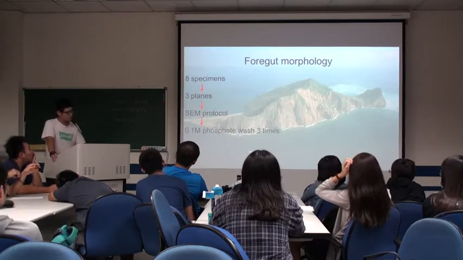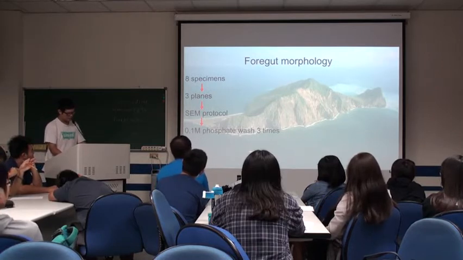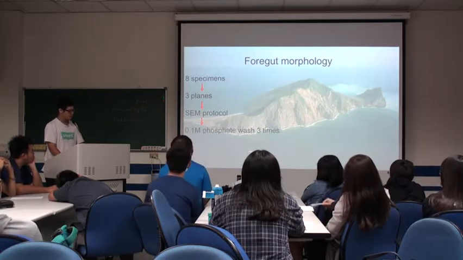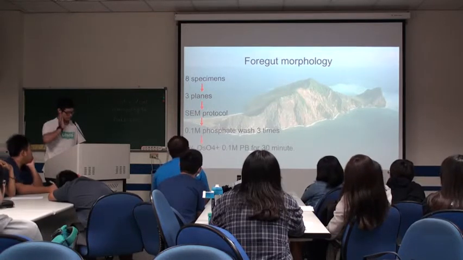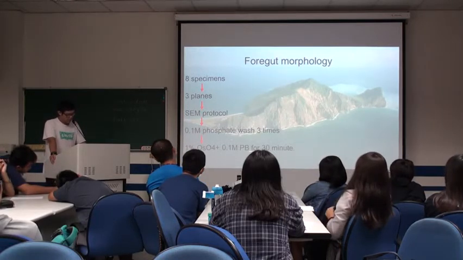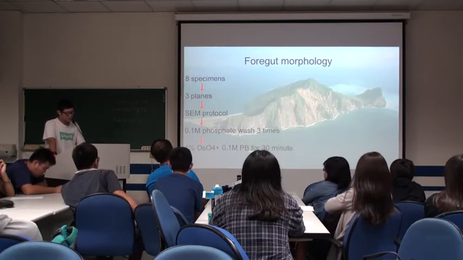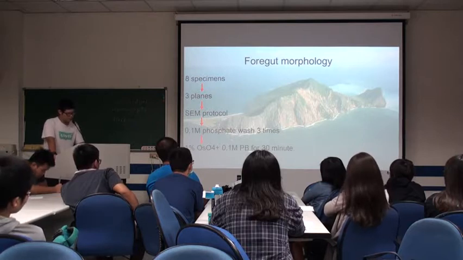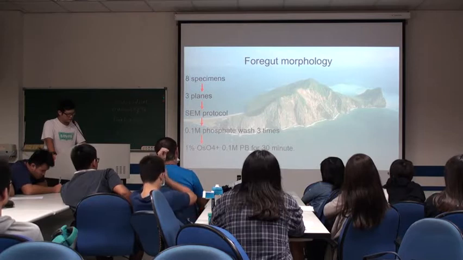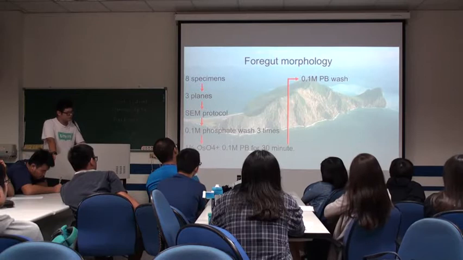We put them in 0.1 molar buffer and wash 3 times, then put them into 1% osmium tetroxide and 0.1 molar PB, which means phosphate buffer, for 30 minutes, and use the PB to wash.